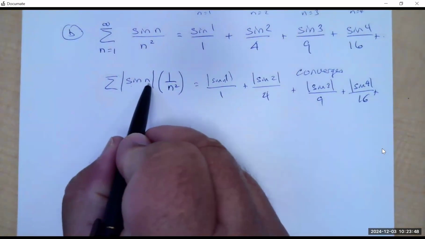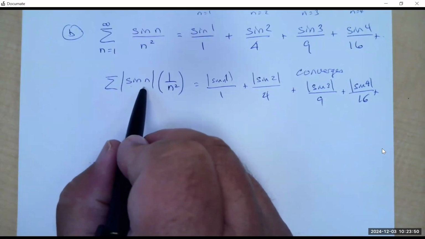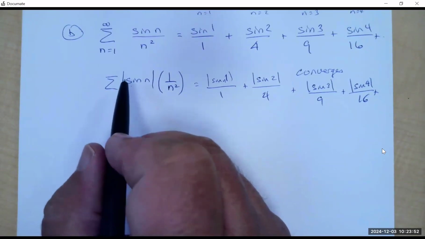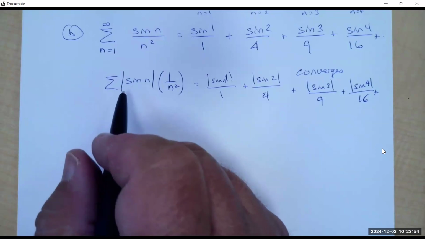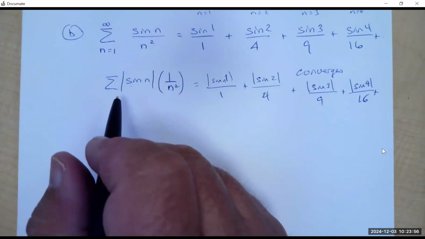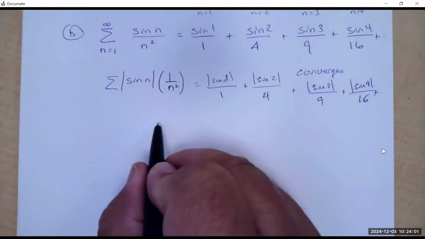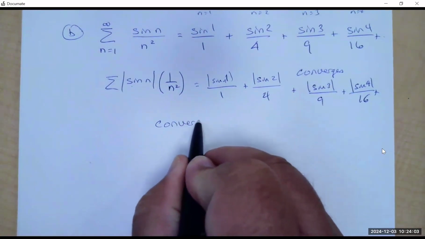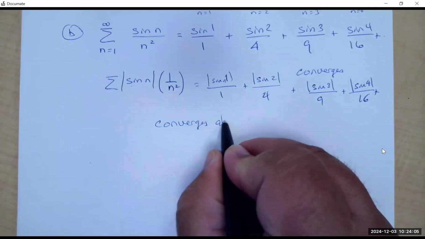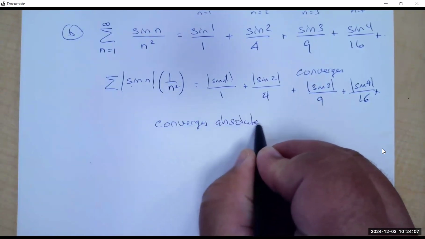So since the absolute value of sine n can't be negative anymore, it's either going to be 1 or 0. That means the number is going to start decreasing. So it converges absolutely.